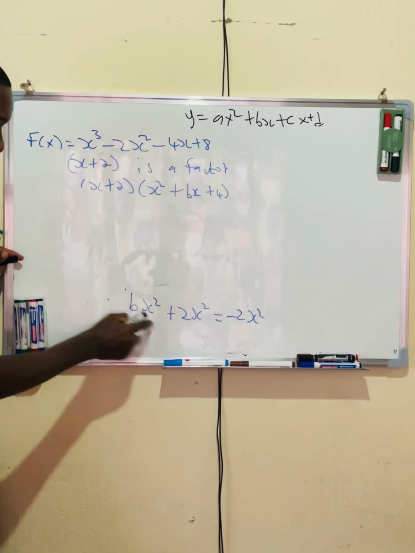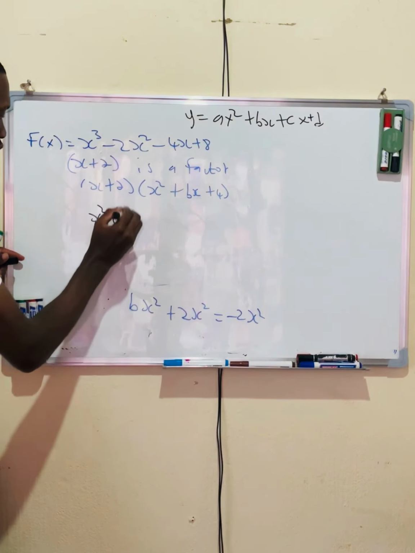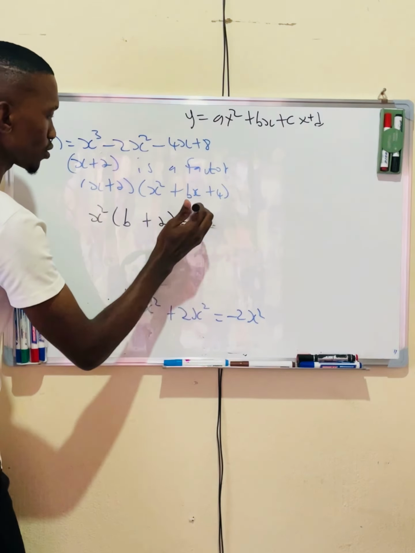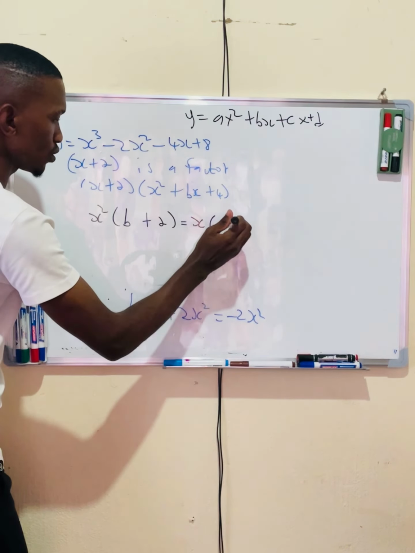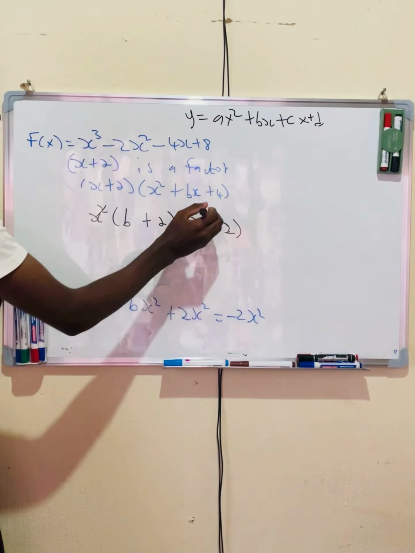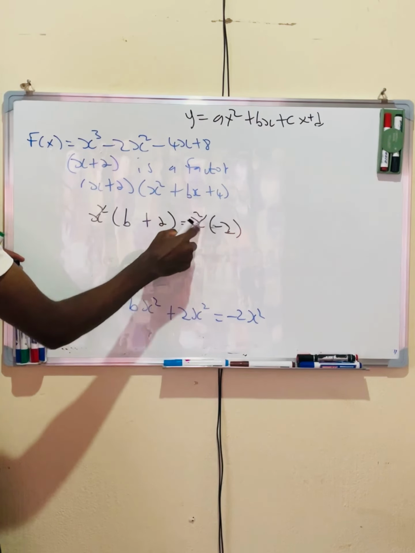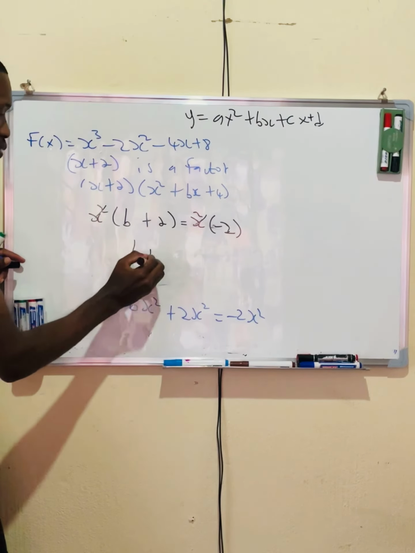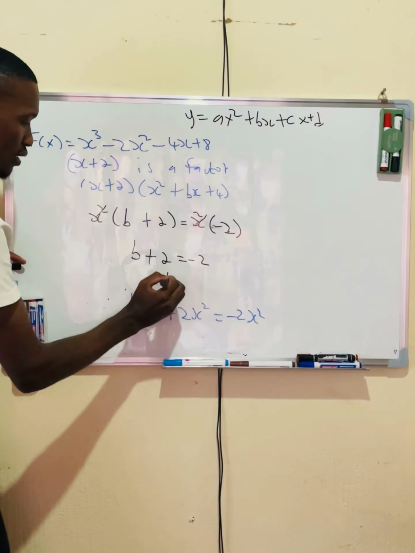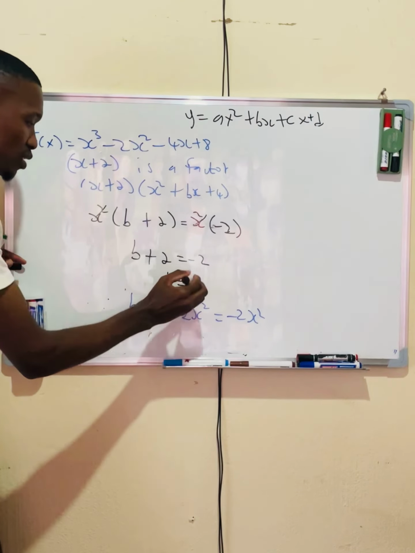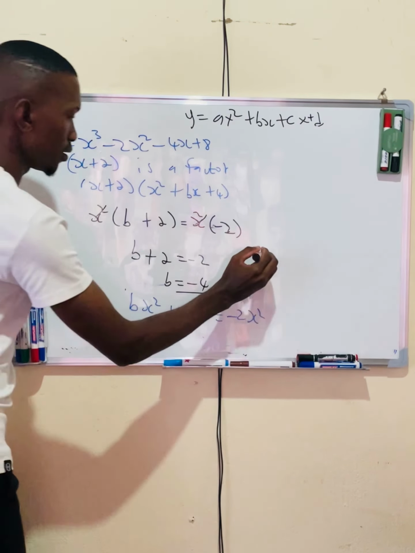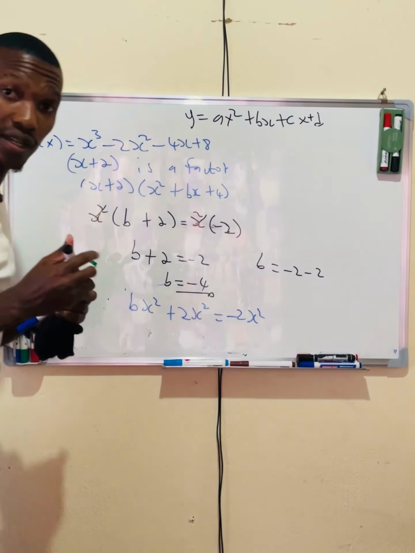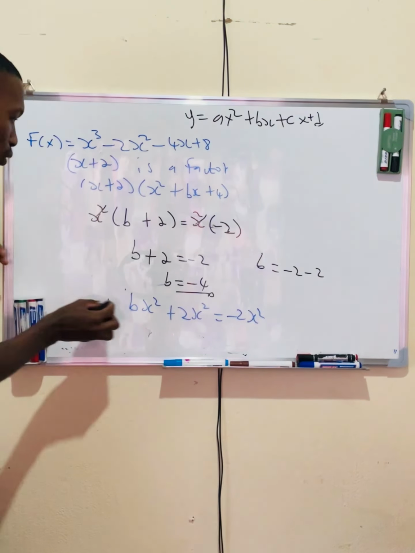Here we find the common factor is going to be x squared into b plus 2 equals to negative 2, equals to x squared into negative 2. Then look, this one goes with that one. It's x squared, sorry. So they cancel out because I took the common factor here. So I'm going to be left with b plus 2 equals to minus 2. Then b equals to, when I take 2 to the other side, becomes negative 4. b equals to minus 2 minus 2. That's how I got minus 4. Okay, guys? Let's move.